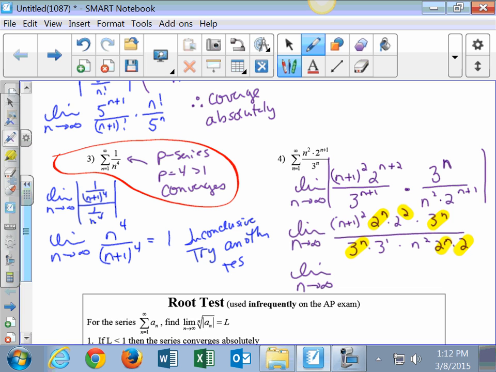It looks like I have a 2/3, and then I have an n plus 1, that's quantity squared, over n squared. Well, we know if we plug into this part of my fraction, that limit's just going to go to 1 because I have the coefficient of n squared over the coefficient of n squared. So that's just going to be a 1. So my final answer here is just 2/3. Since that is less than 1, we're going to say that that converges absolutely.